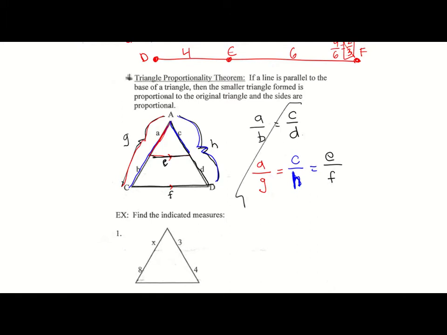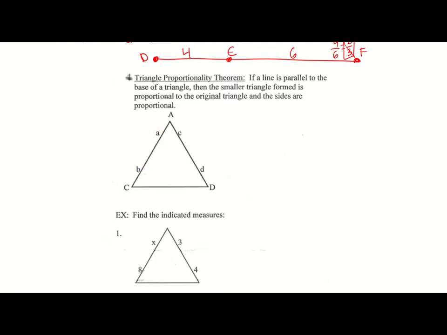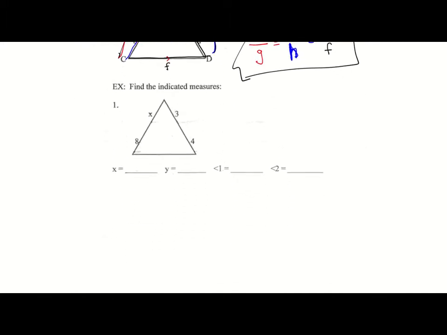Okay, so these are our formulas that we're going to use for these examples below. This one says to find the indicated measures of this triangle.